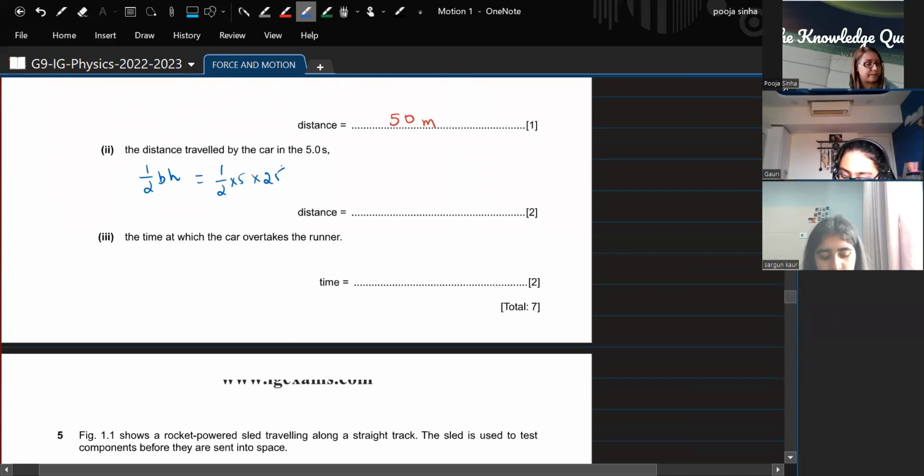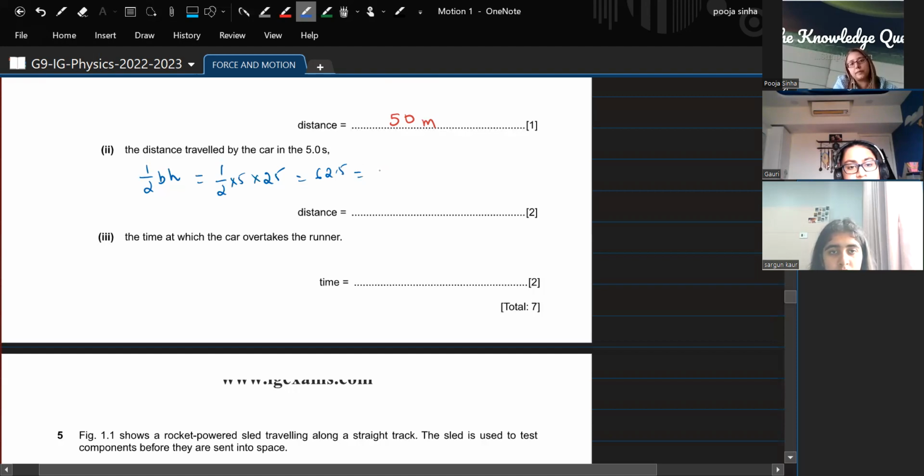What will the answer be? 62.5. But this is 3 figures, and I need 2 figures.